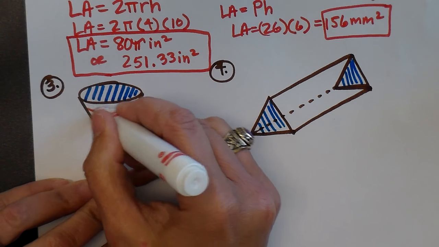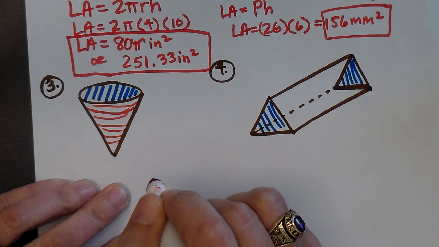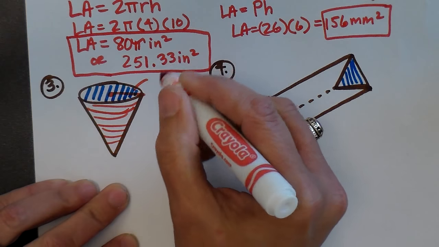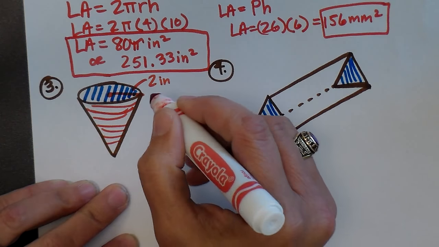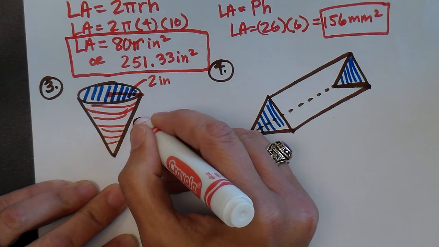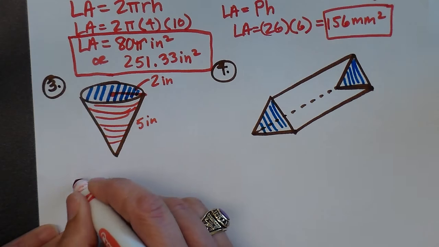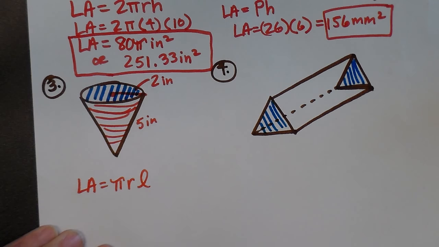Let's look at the cone. I want the lateral area of the cone, okay? So for a cone, let's say the radius is 2 inches. And let's say that the slanted height is 5 inches. The lateral area for a cone is pi times radius times slanted height.